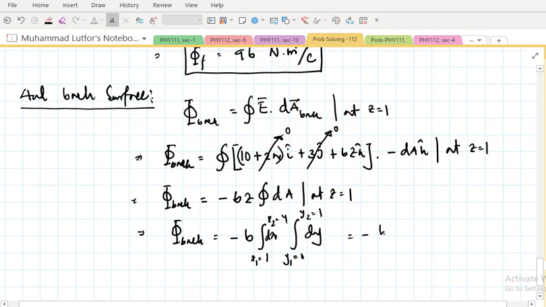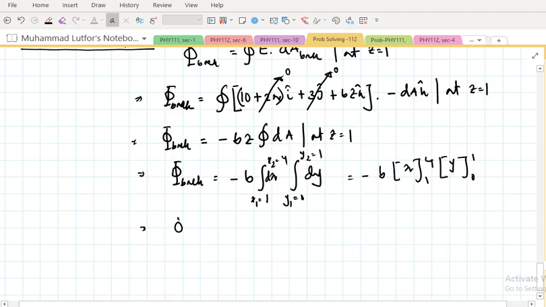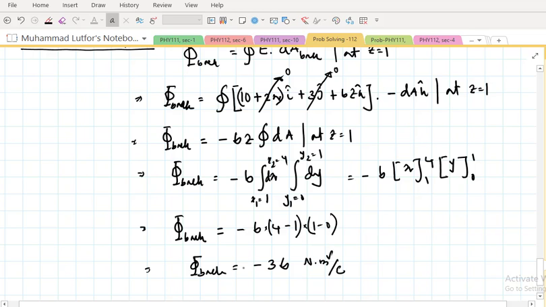Then I will find minus b into (4 minus 1) into (1 minus 0). 4 minus 1 is 3, so phi back is minus 3b Newton meter square per coulomb.